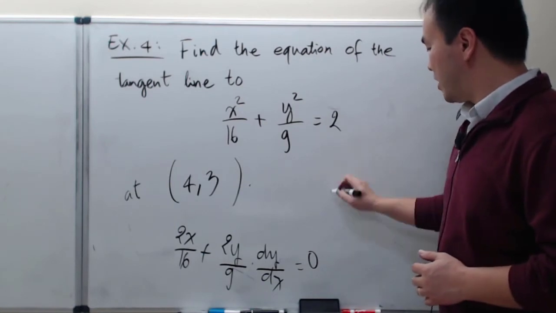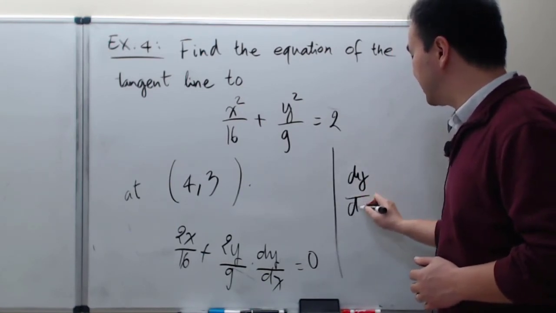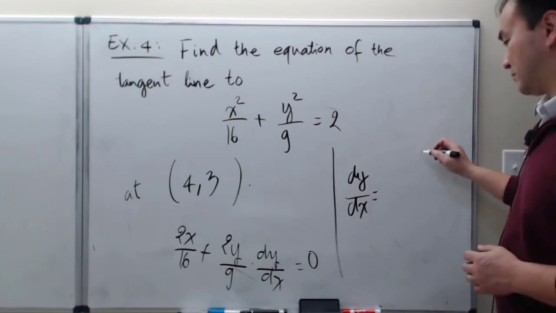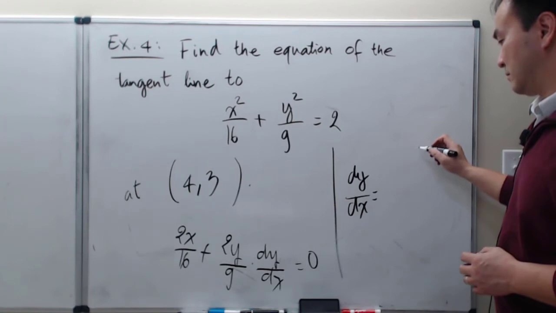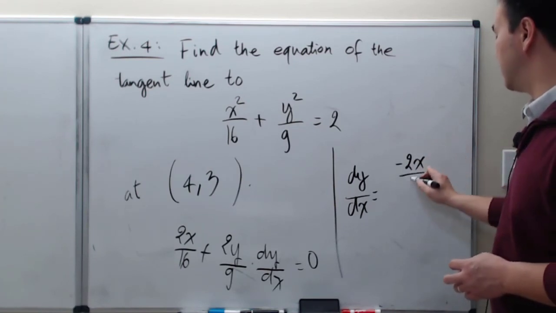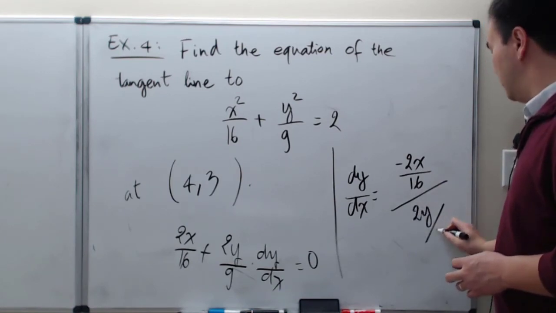And so in that way, our final dy/dx here is going to be a minus 2x over 16 divided by 2y over 9.